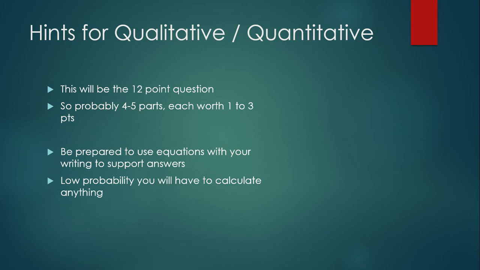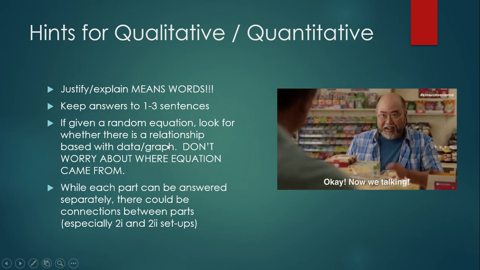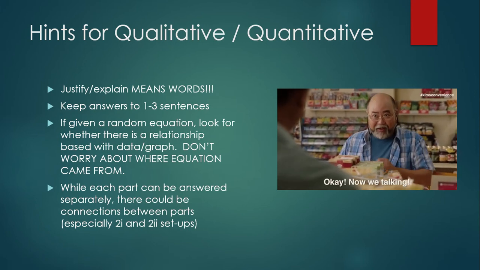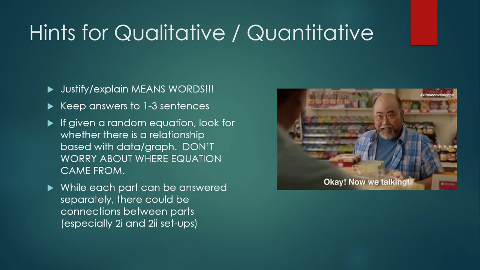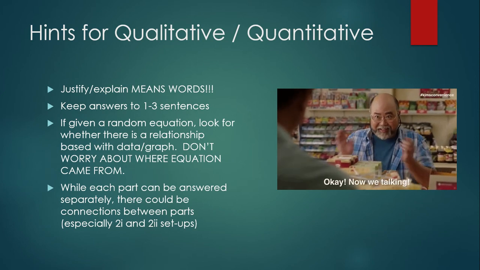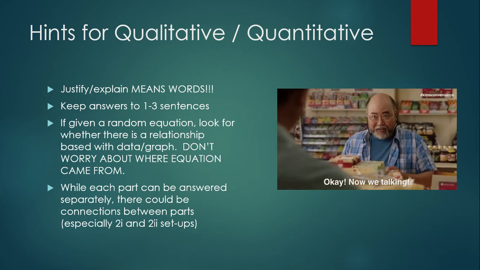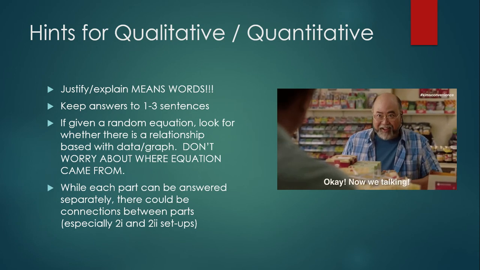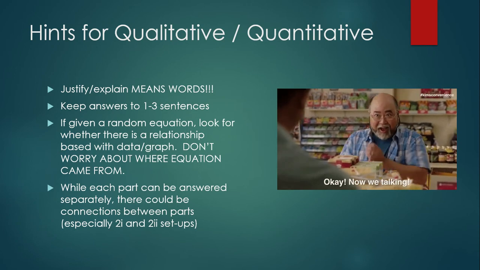And that also goes with the paragraph length response too, possibly. All right, so you're going to be using words, and that's what we got here. Justify, explain means words, okay? When it says justify your answer, that is not start writing down an equation, all right? Since this is being done online, I just don't see them having you really calculate that much and actually get some numbers down.